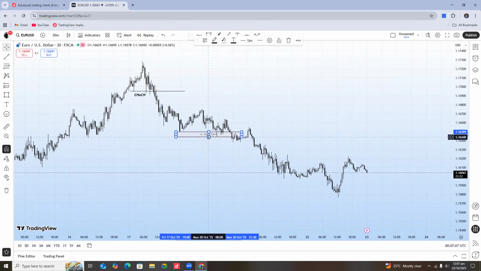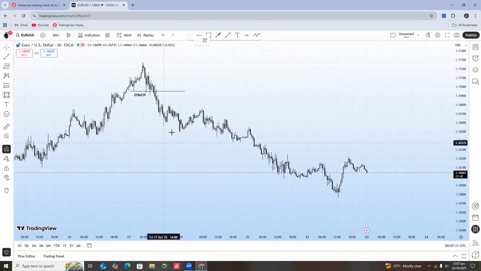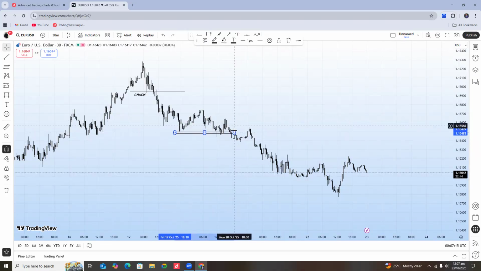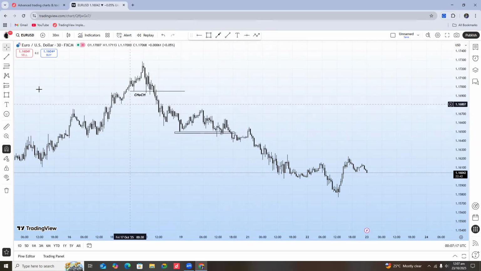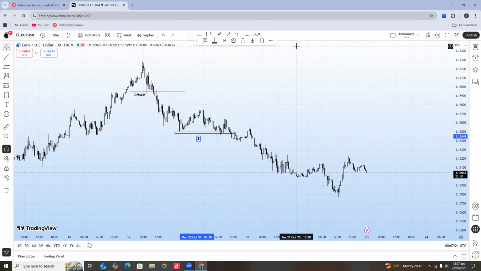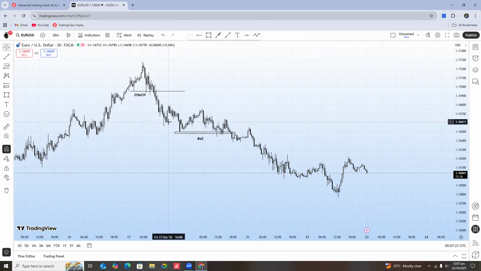So I have a BOS. I mean, there is one here, there's another one, but then you see it keeps going. BOS, BOS. As the market drops, it keeps forming new levels and then it broke them, retested.